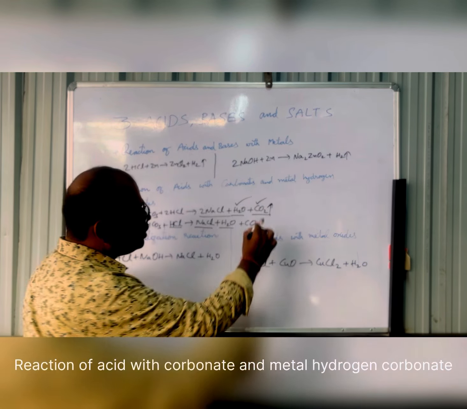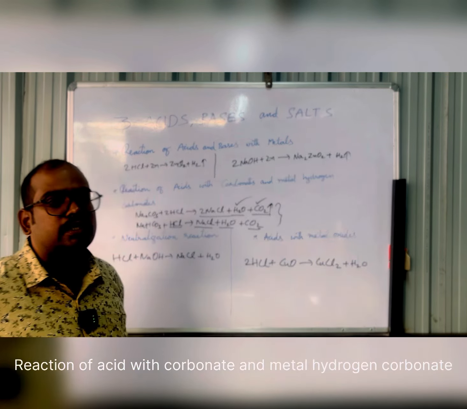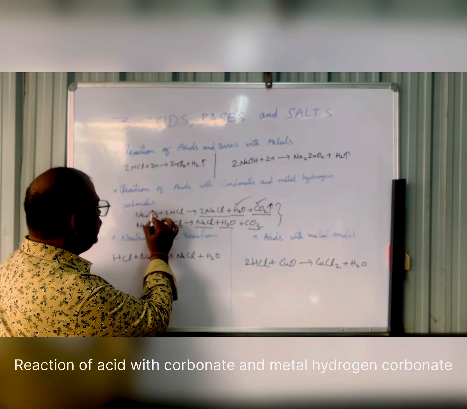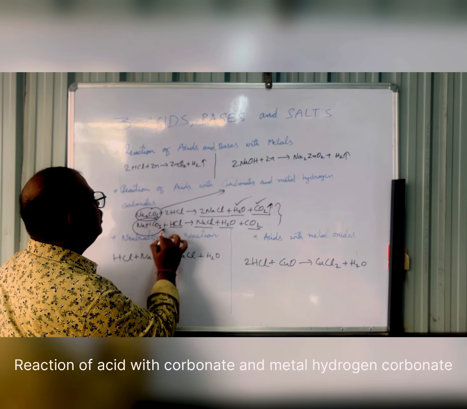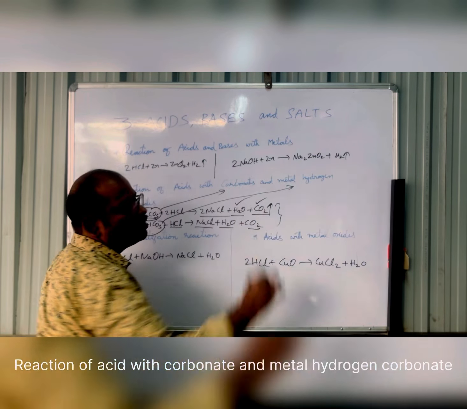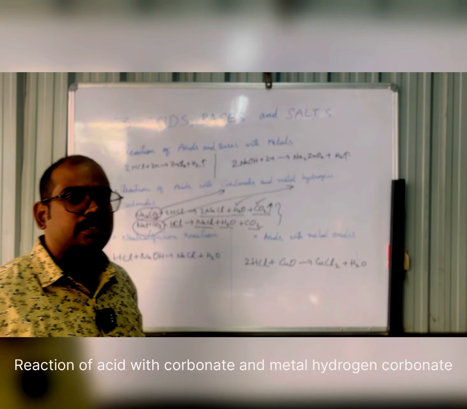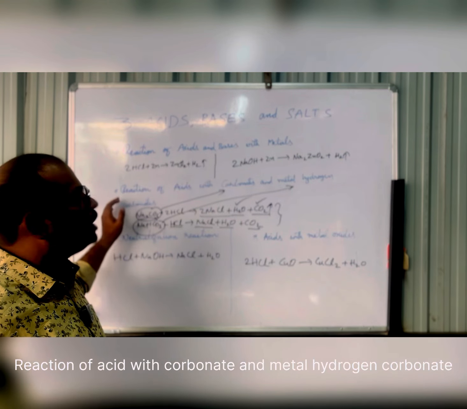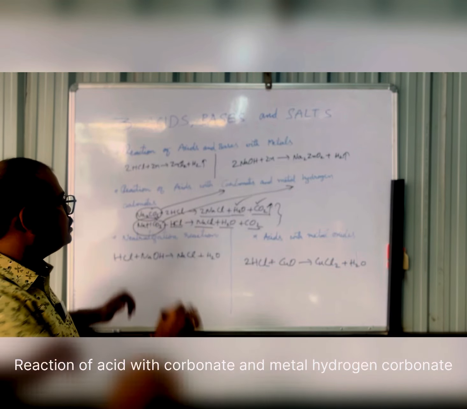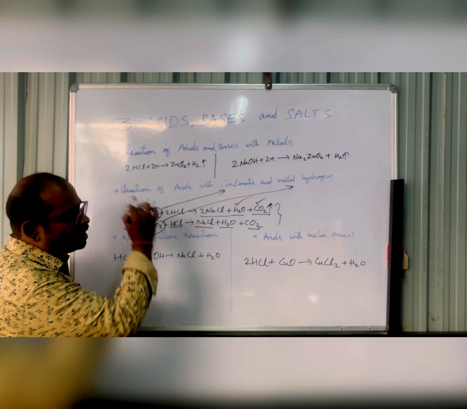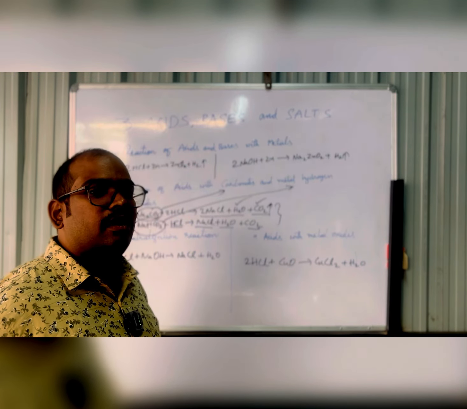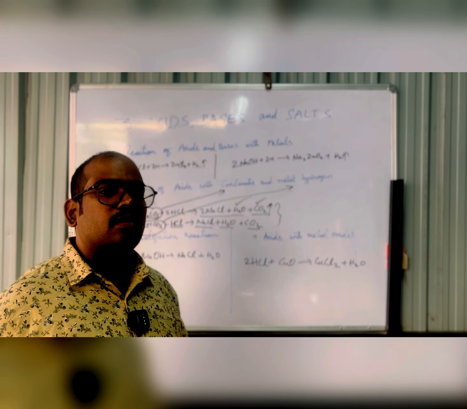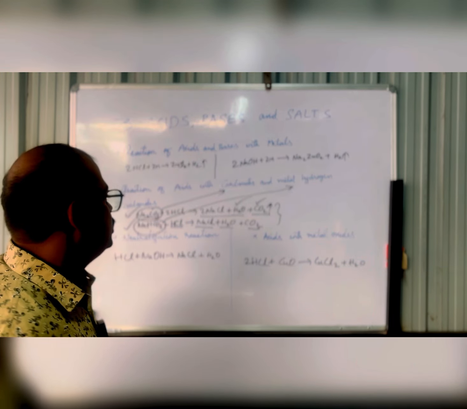The products are almost the same for both reactions, but the difference is between the carbonates and the metal hydrogen carbonates. So here you need to study carefully. Whenever you are studying these reactions, first practice the chemical equations, and after that you can write the entire answer by looking at that particular chemical reaction.